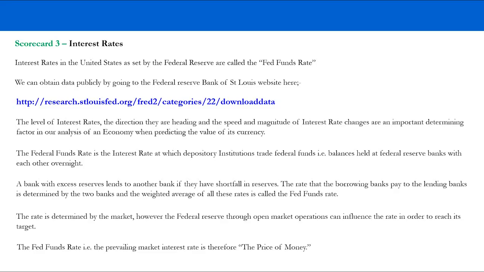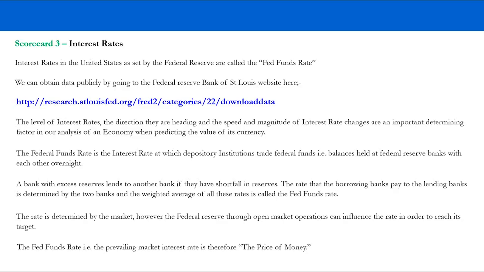And this rate that the borrowing bank pays to the lending bank is determined by the two banks, and the weighted average of all these rates amongst all banks trading with each other is called the Fed funds rate. And the rate is determined by the market.